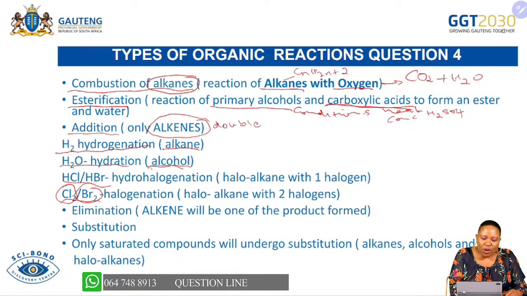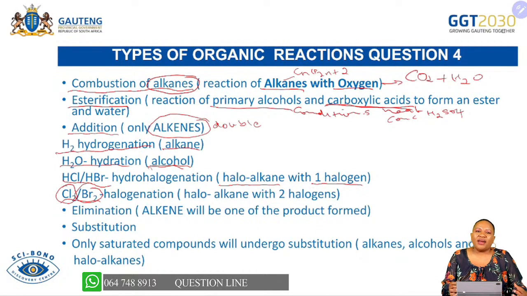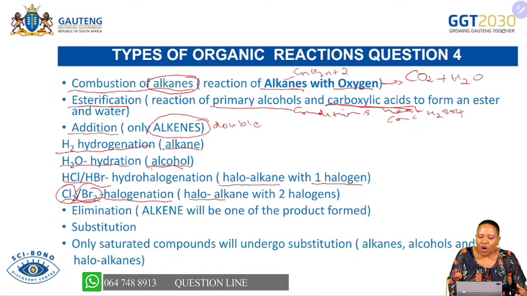And then we have hydrohalogenation, where we are going to find a haloalkane. During hydrohalogenation, an alkene adds a hydrogen halide, which is HCl or HBr, and it will form a haloalkane with one halogen. And if it is halogenation, which is adding Cl2 or Br2, the haloalkane that will be formed is going to have two halogens.